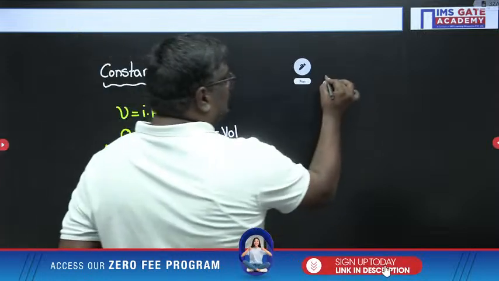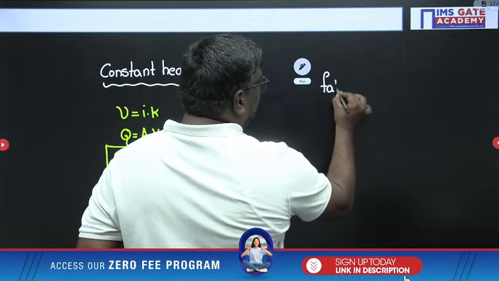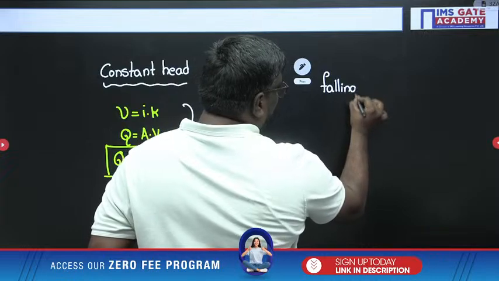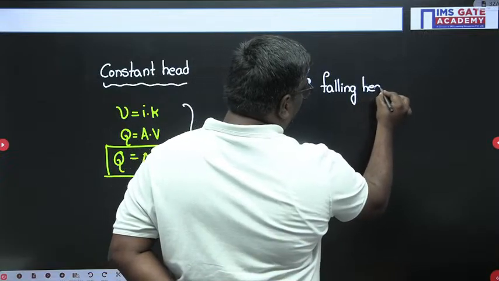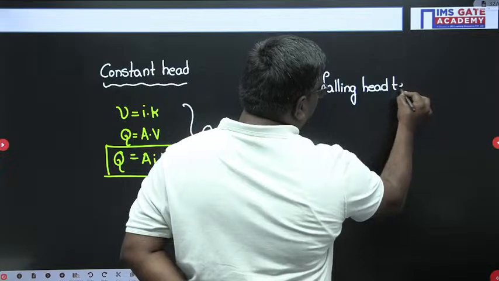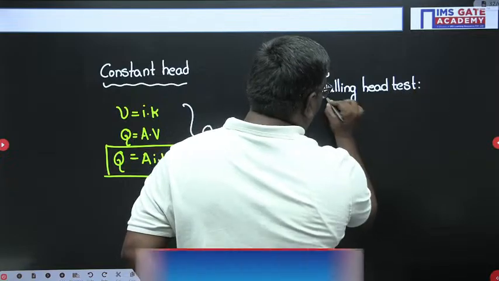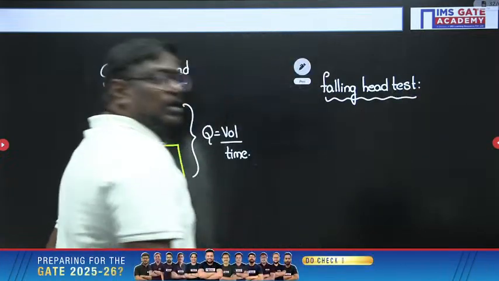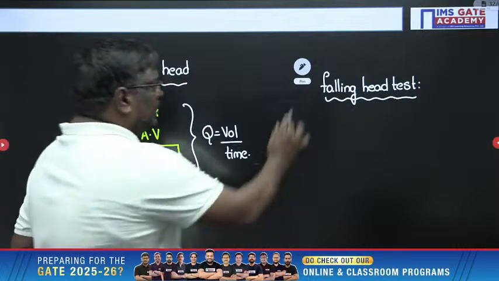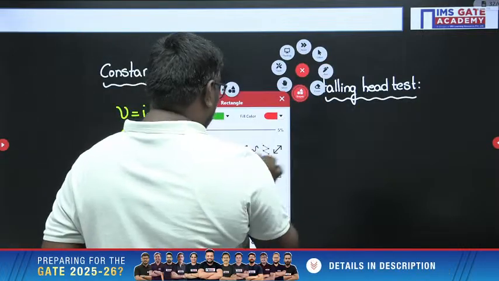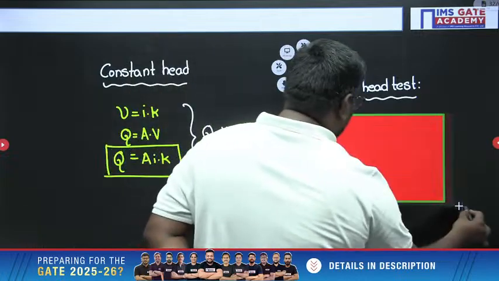Next we have the falling head test, also called the variable head test. Now there is a derivation, but I don't want to waste your time on the derivation part.